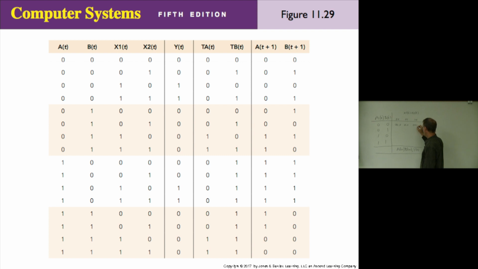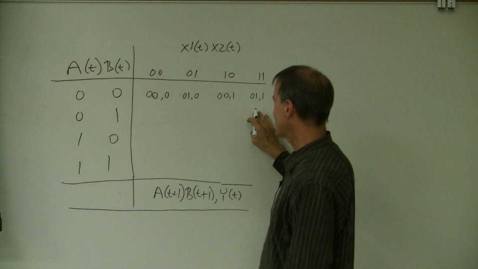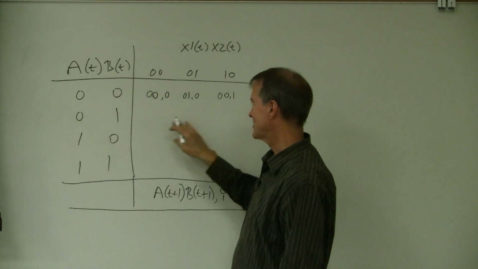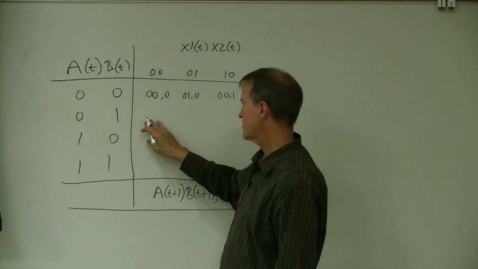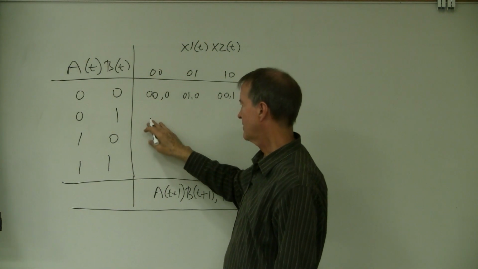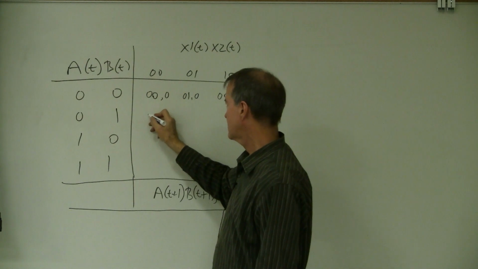0, 0, comma 1. Next. 0, 1, comma 1. I detect a little tentativeness here. So is everybody checking? I got the same thing. Okay, good. Okay, so here. Who's next? 0, 1, comma 0.